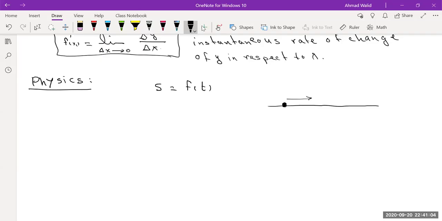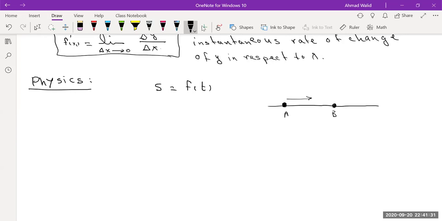When you are changing your position from point A to point B, for example, you need time. When you are moving from one position to another position, it takes some time. That's why we say the position function is a function of time. S equals f of t, correct?